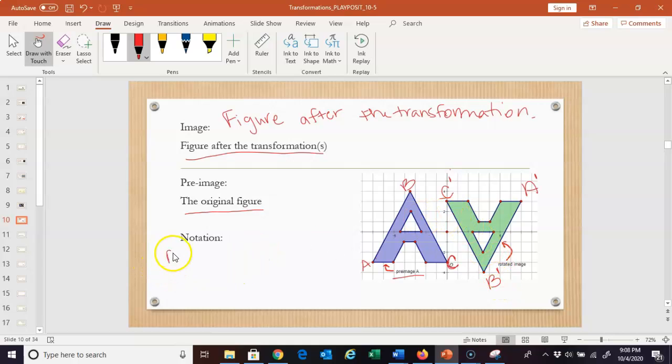The original, or the pre-image, pre meaning before, so before the transformation, we use capital letters A, B, C. The image, which is after the transformation, we use the prime marks, so you can show that's the point that's different. It's a way to say it's the same point because it's the same shape, but some change has happened to it. So it's the new point.